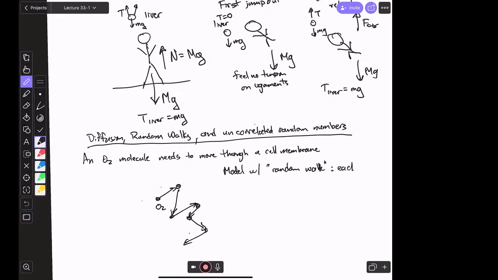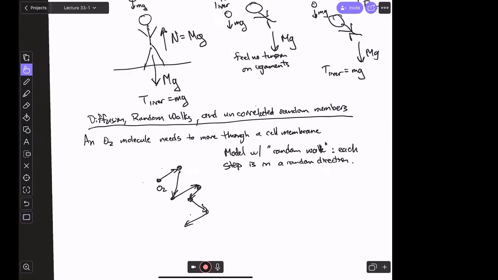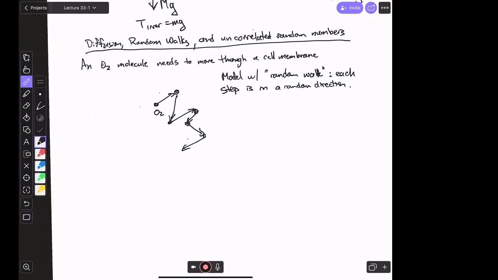So each step is in a random direction. And as we often do in physics, we're going to start with the simplest case, and then next time we'll generalize. So we're going to start with a one-dimensional random walk.